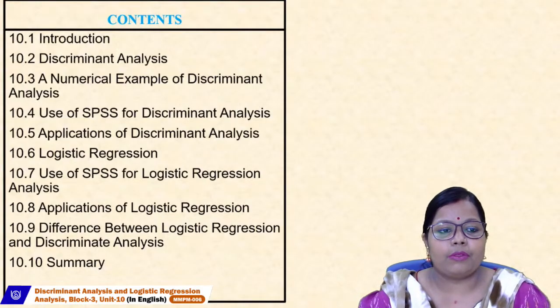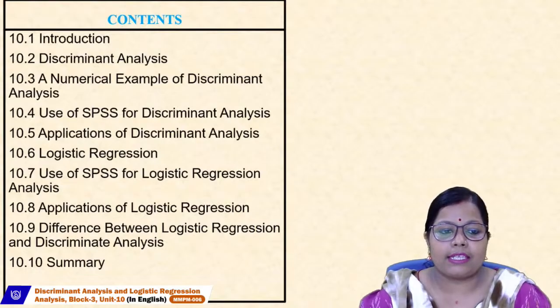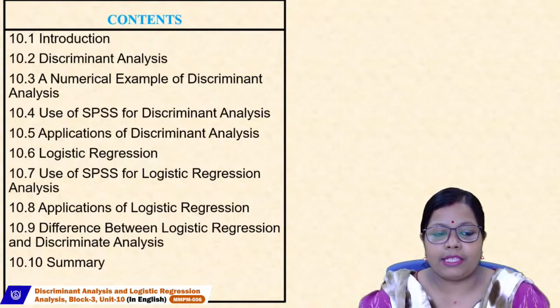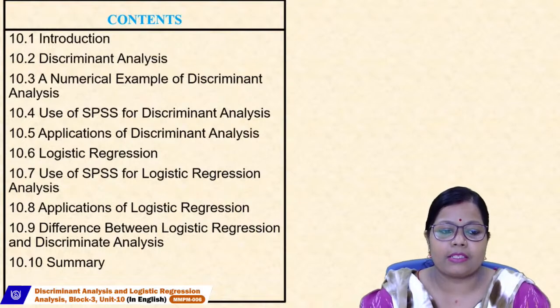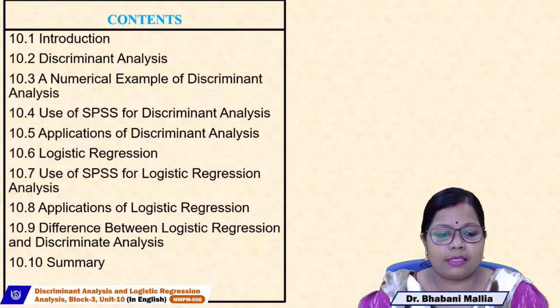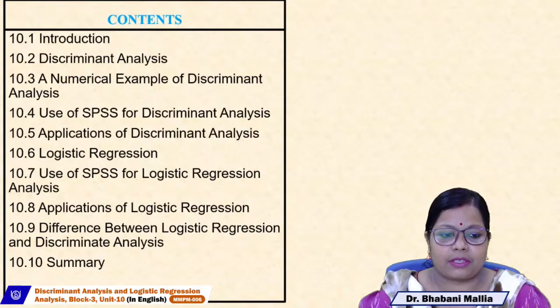Then we discussed the applications of discriminant analysis. After completing all the discriminant applications, we will move to logistic regression, which is most useful in marketing research. Also, we have given some applications and use of SPSS for logistic regression analysis. Then we differentiate between logistic regression and discriminant analysis, and how they are useful in both marketing research and other research aspects for a researcher.